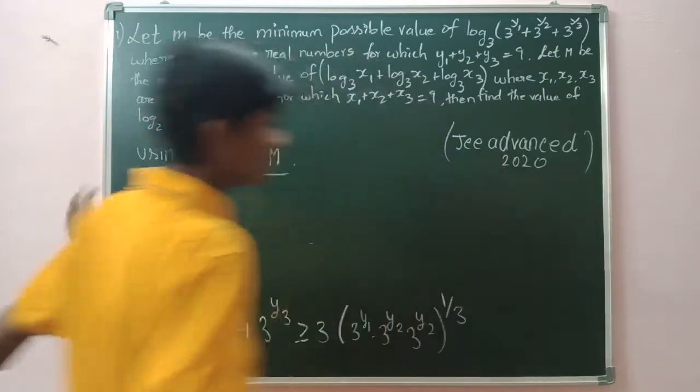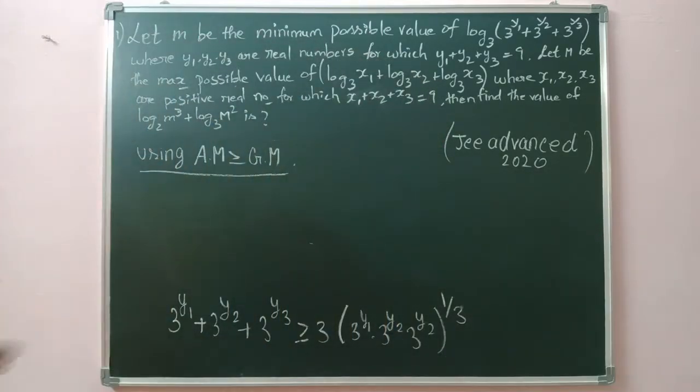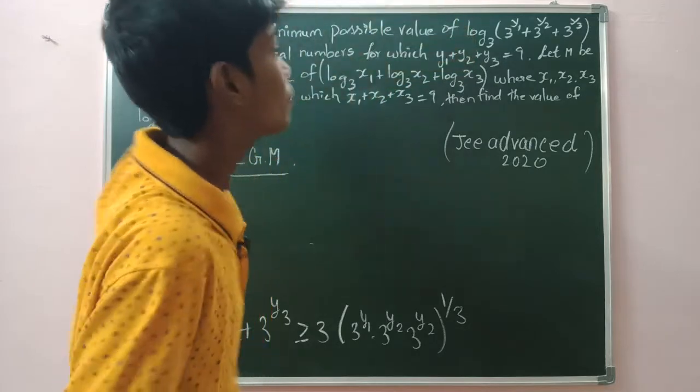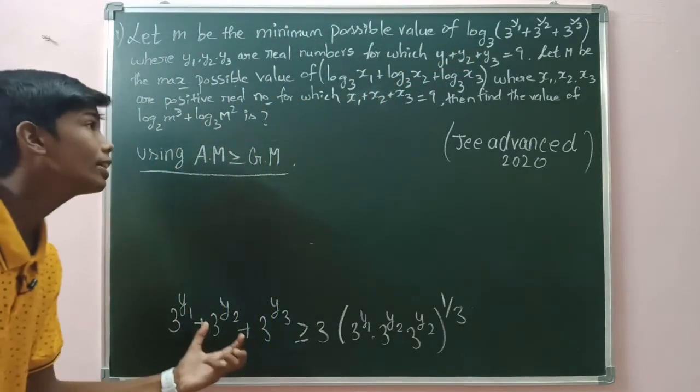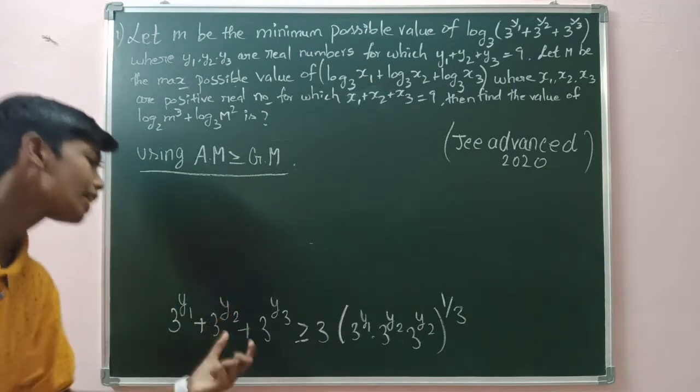But the thing is, in the question, every form of expression is in terms of log to the base 3. So in this inequality, I'm going to take log to the base 3 on both sides of the expression.